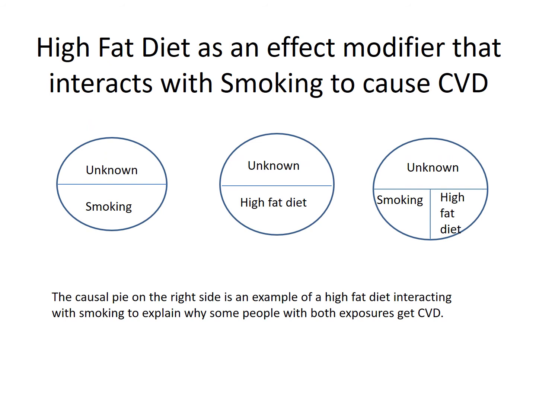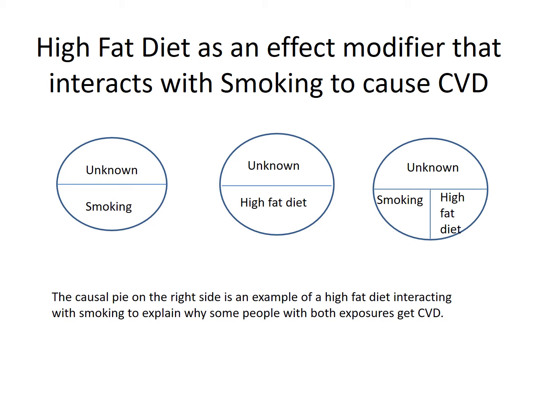And the concepts go back to these causal pies we talked about in the beginning of the term in epidemiology, and that is that there are different ways of visually representing the factors that combine together to cause a disease, in this case cardiovascular disease. So the left pie is representing the concept that people who smoke may get cardiovascular disease because of the smoking.